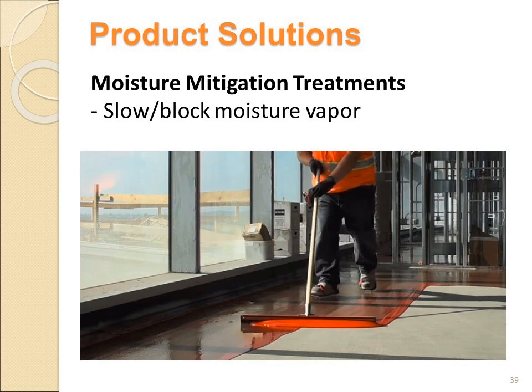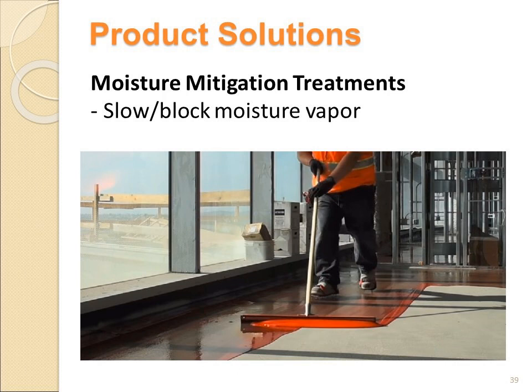And these products are installed over the concrete. You use either a special primer or a sand broadcast, and you're able to install your tile directly over it. And then this actually blocks moisture, slows it down so much that moisture is not really a factor in your tile installation.